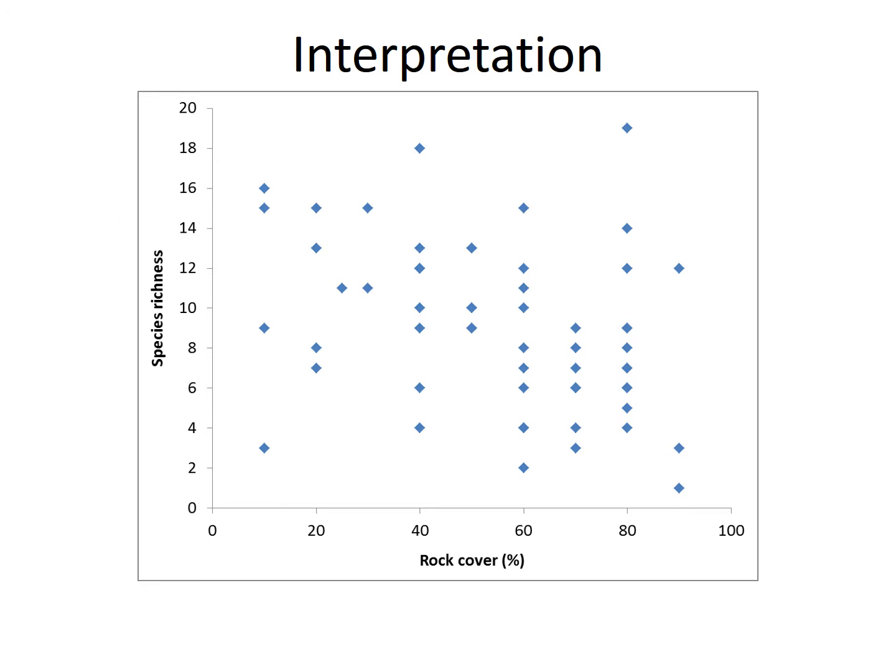And more interestingly, more relevant is the interpretation of the scatter plot. So the basic message here is that the pattern of your points reveals the presence of relationships. So here we see species richness versus rock cover. And what would you say is the trend? As rock cover increases, do we see species richness get higher or lower?